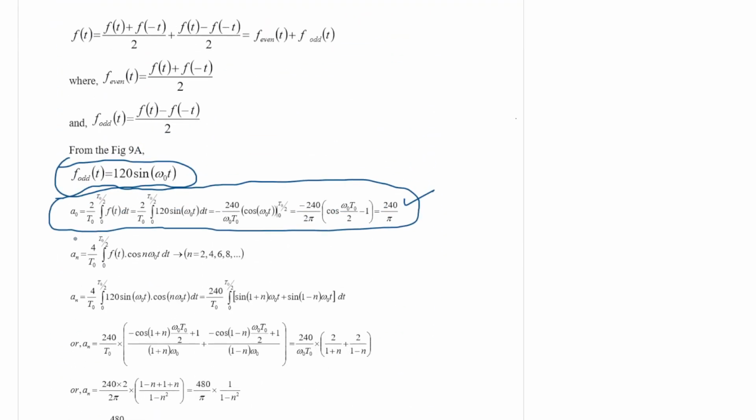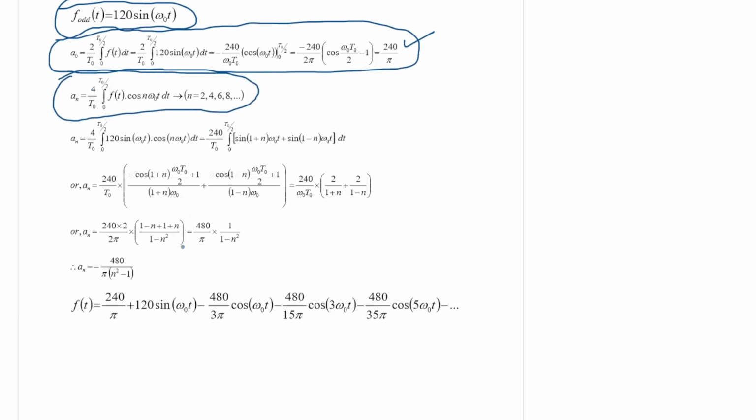An should be 4 upon t0 integration 0 to t0 by 2 of ft cos n omega naught t dt. In this way, if you evaluate, An should be equal to minus 480 over pi into n squared minus 1.